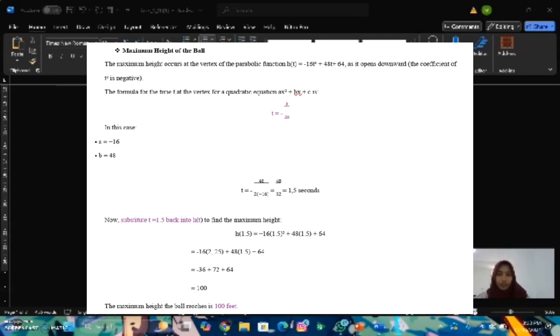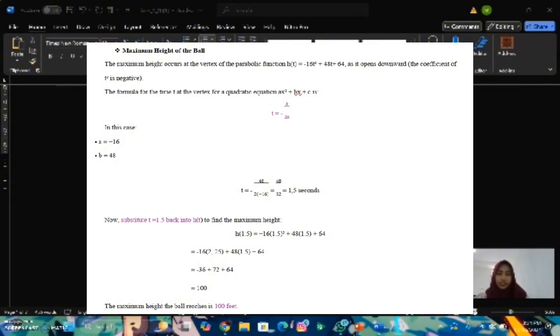The formula for the time t at the vertex for a quadratic equation ax² + bx + c is t = -b/2a. In this case, a is -16 and b is 48. So we can substitute those values into the formula.